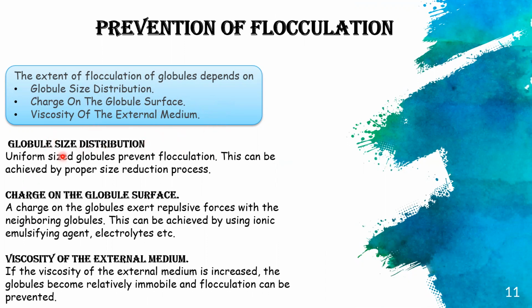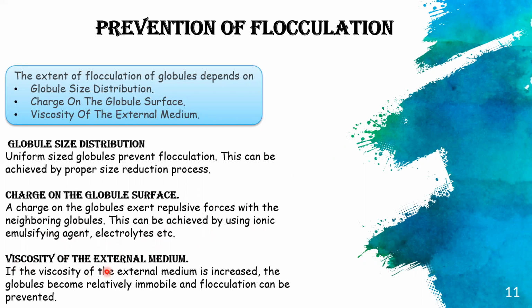For globule size distribution, uniform sized globules can prevent flocculation, which can be achieved by proper size reduction, whereas the charge on the globule surface can also exert repulsive forces on the neighboring globules. This can be achieved by an ionic emulsifying agent or electrolyte.